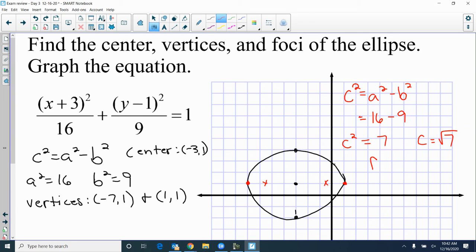And so my foci will be -3 minus square root of 7, 1, and -3 plus square root of 7, 1. Okay. All right.